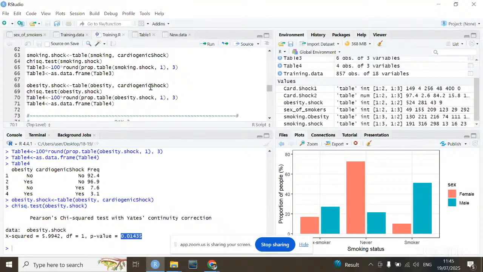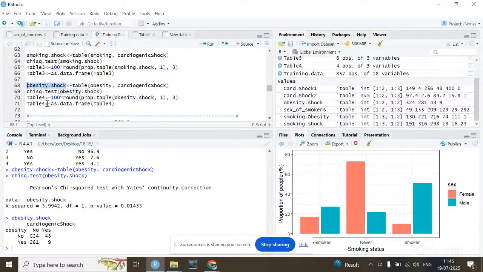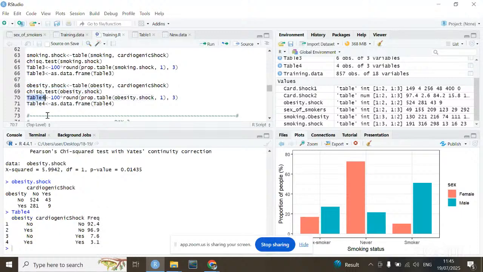So we can conclude that, because we don't have much information, we have only cardiogenic shock and obesity. But basing on the proportion, you may realize that those who were not obese and did not have cardiogenic shock were 92%, which is a very big proportion.